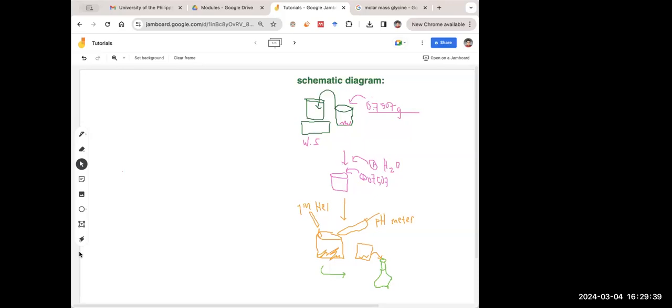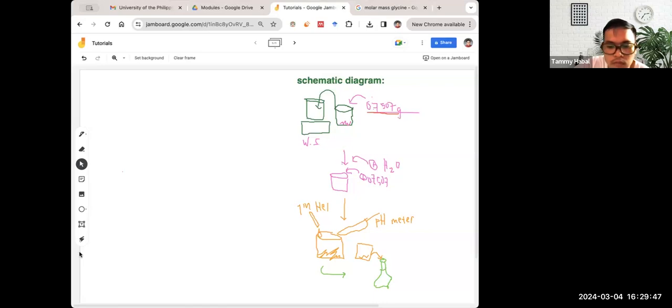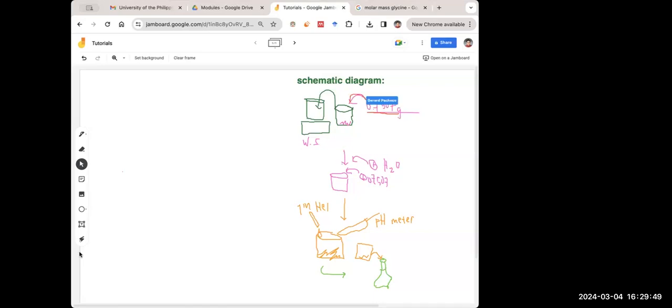By solving that, we got 0.7507 g, which is here. We put it into the beaker and measured it on the weighing scale, and it was proven to be accurate. Once it was accurate, we dissolved it with H2O.